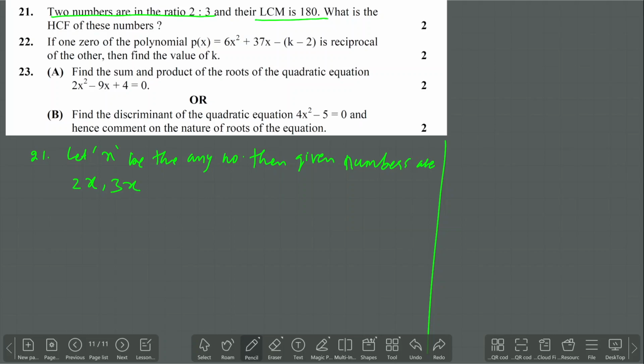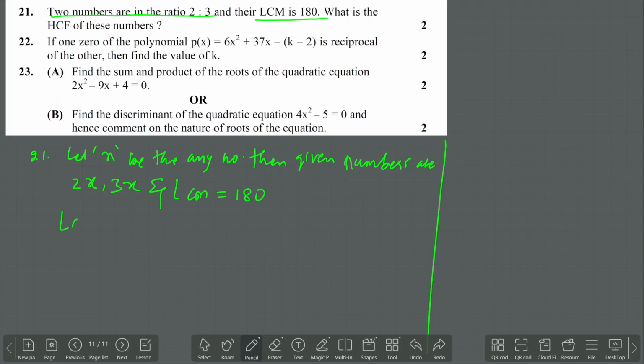LCM of these two numbers they have given is 180. What is the HCF of the numbers they are asking? Right, fine. So three values are given. The fourth value we have to find using the formula. Number 1, number 2, LCM given. HCF they are asking, no?